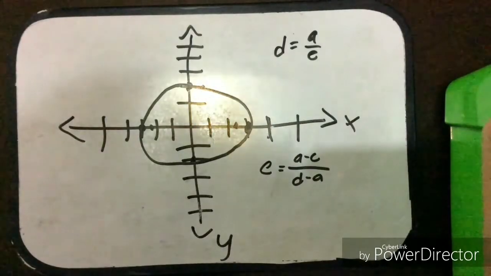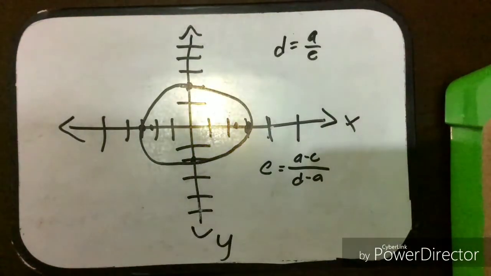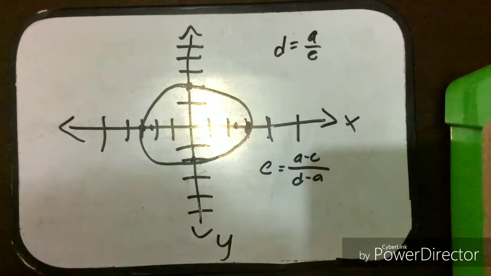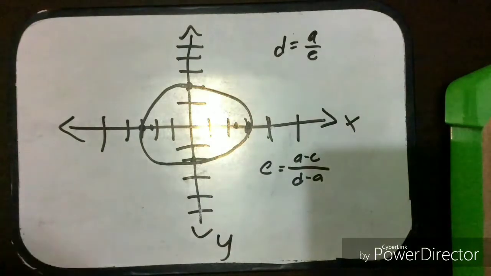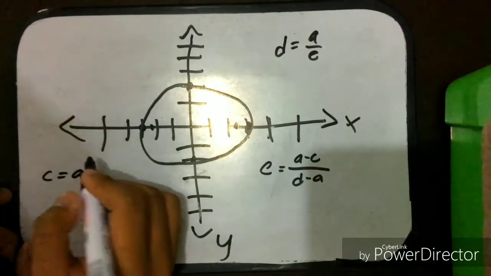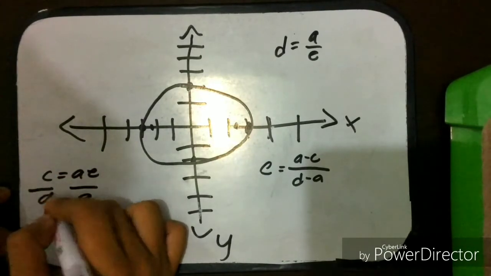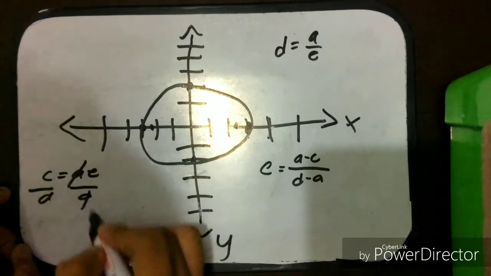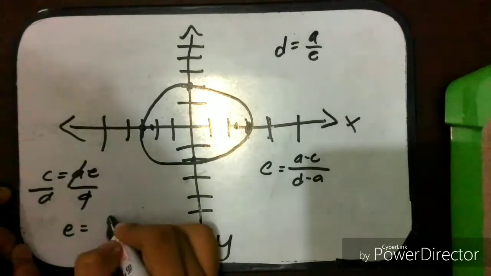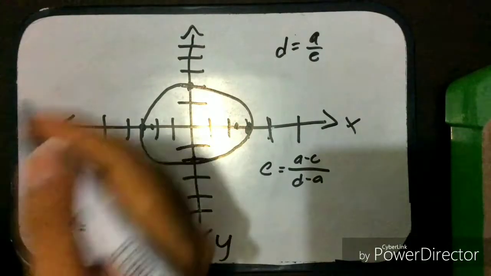So, to find the eccentricity, you need to derive some formula to find the eccentricity without knowing the other properties. So, C equals AE. Divide it by A. So, cancel the A. So, E is equal to C over A. So, eccentricity.